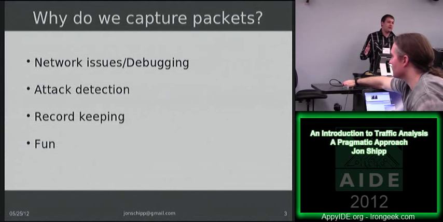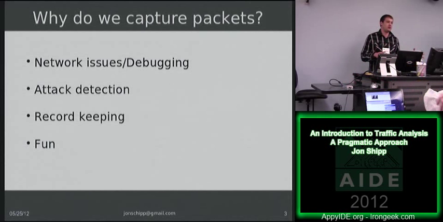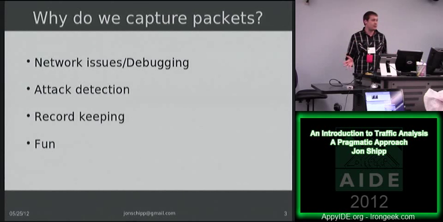If we have a system set up on the network that can receive packets from all segments or networks in your environment, then you can have a very comprehensive view of what's flowing through your systems. From here we can use this to detect network issues and to debug tools and code and other things.